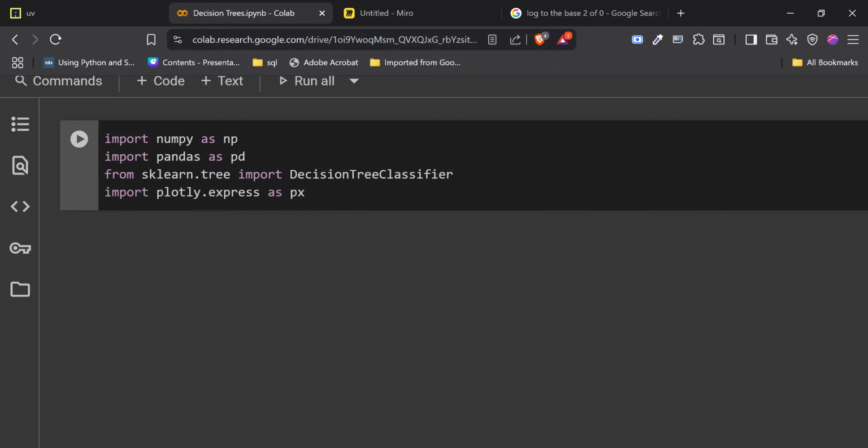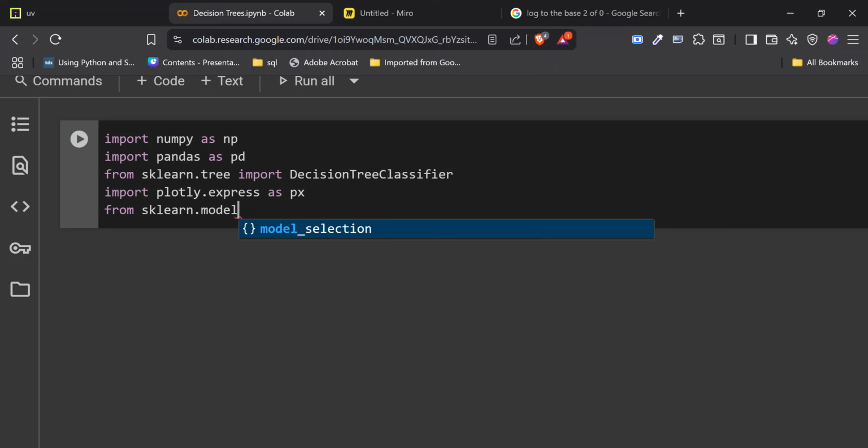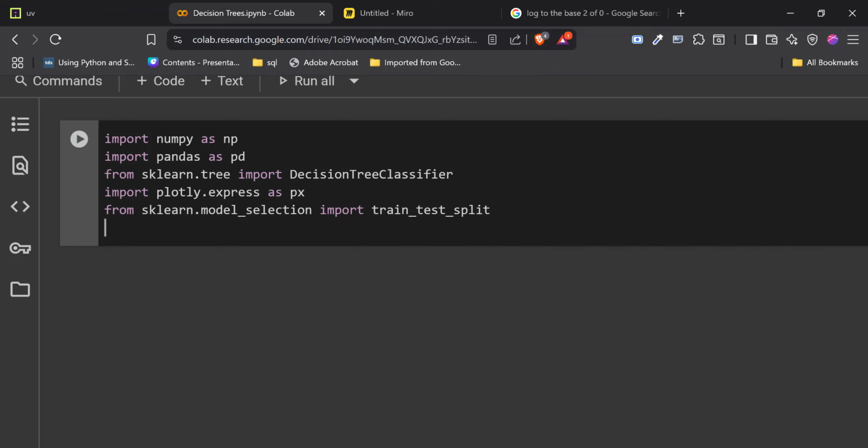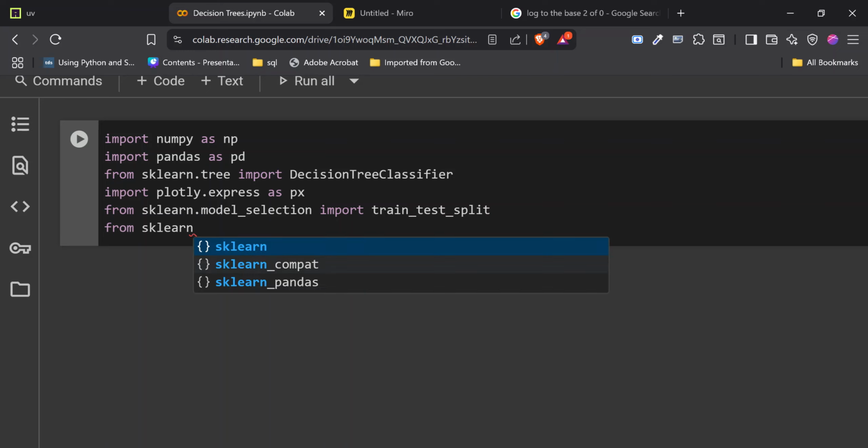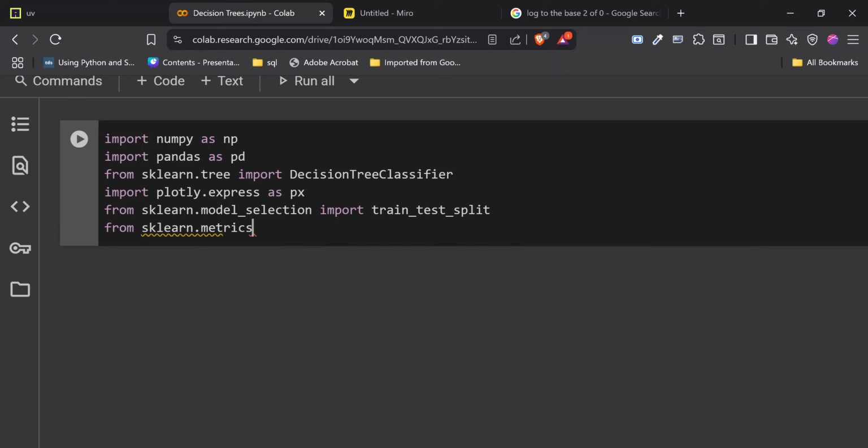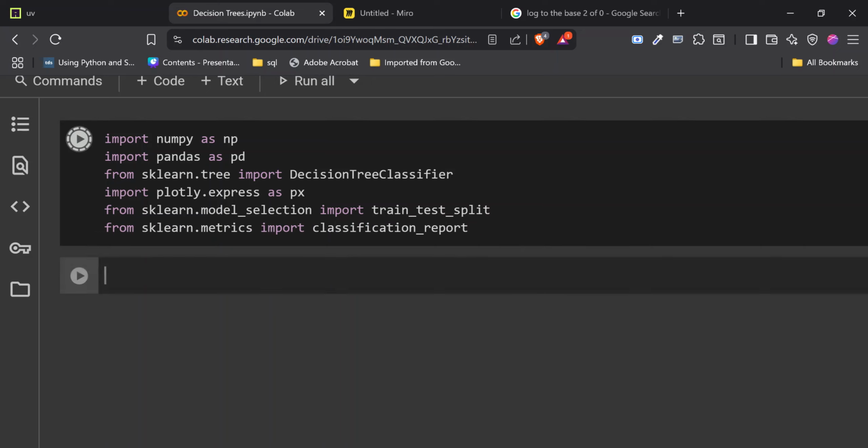We're also going to say from sklearn.model_selection import train_test_split. Right. I think, okay, we need metrics. So from sklearn.metrics import, let's just get classification_report.